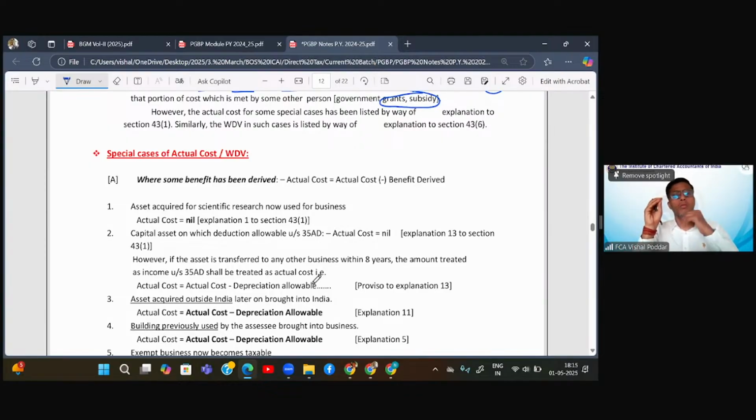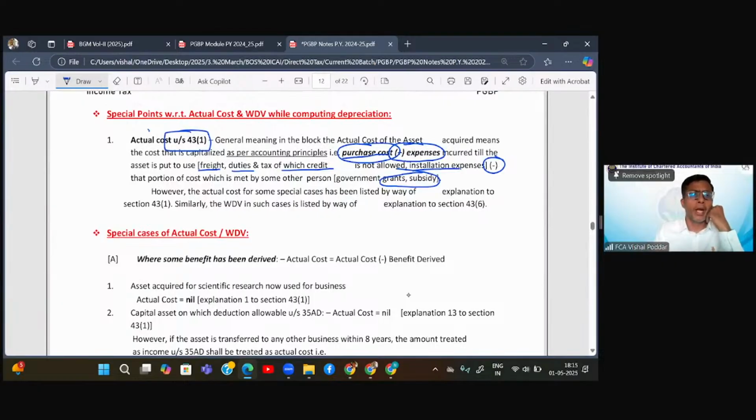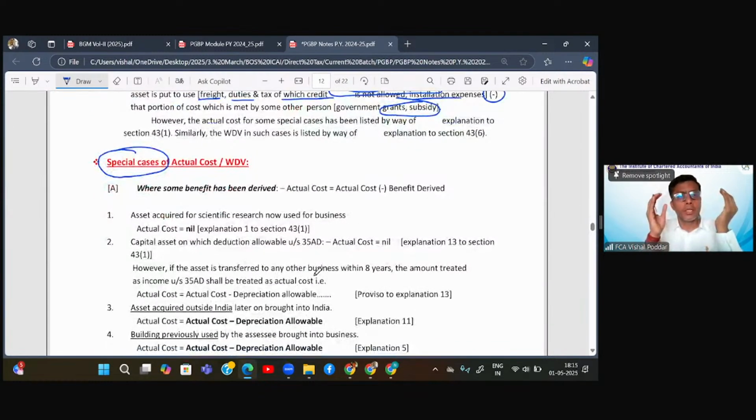Now, what we are trying to discuss is that in the block, we have to add the actual cost of every asset. The general rule is actual cost means this, same as accounts. But there are some special case scenarios given in which the actual cost may not necessarily be your purchase cost plus expenses. It may be something else. They have created around 25 different case scenarios in which they tell you what would be the cost.